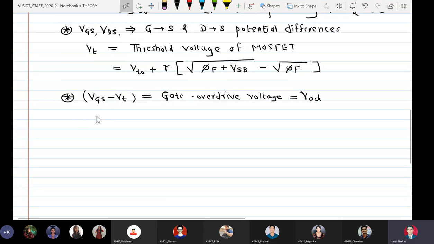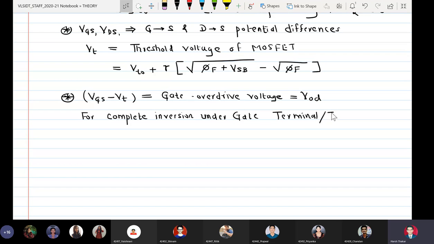So basically we know that for complete inversion under gate terminal, that is formation of channel, the necessity is VGS should be greater than VT.